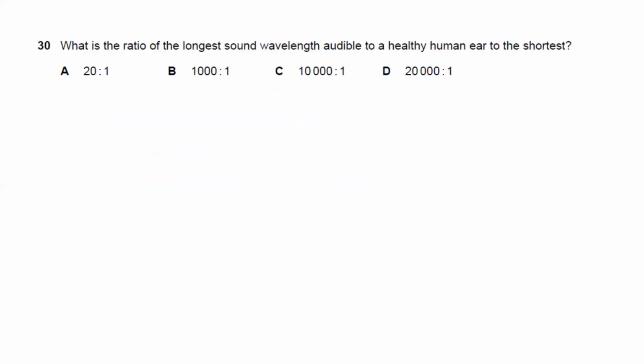Next, question 30. It says, what is the ratio of the longest sound wavelength audible to the human ear to the shortest? So remember, the range of sound waves is 20 hertz to 20 kilohertz. If I have to find the ratio, 20 kilo divided by 20 comes out to be 1000.